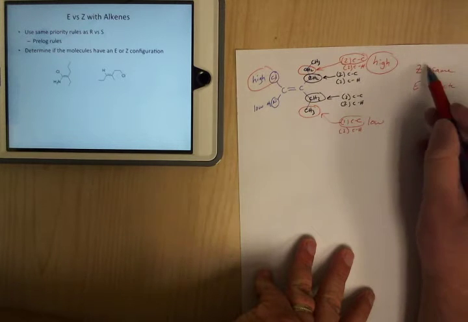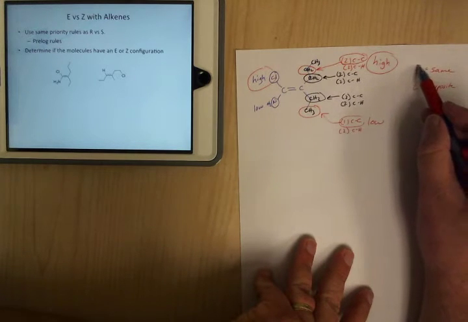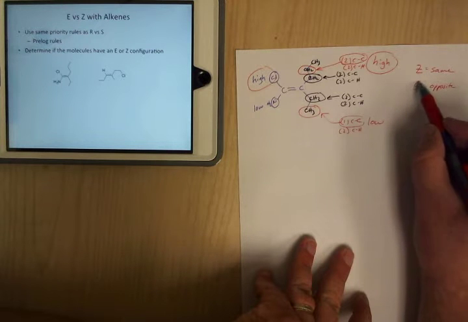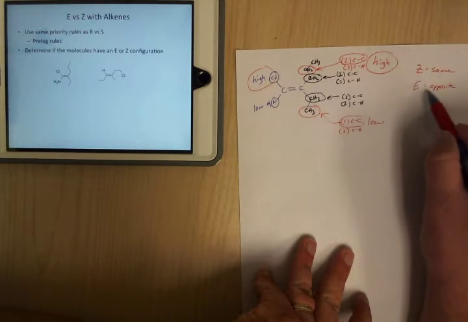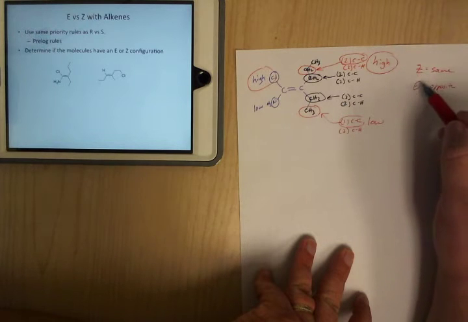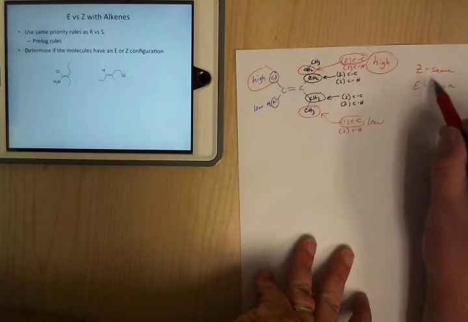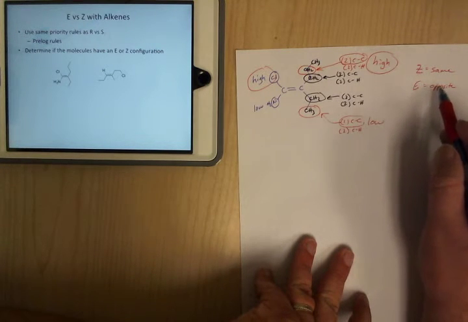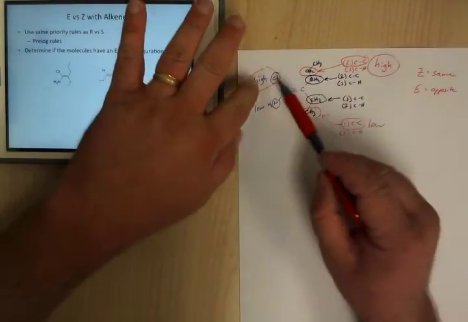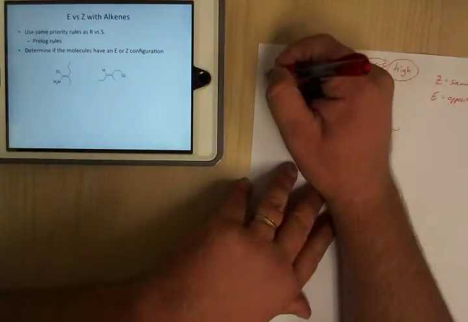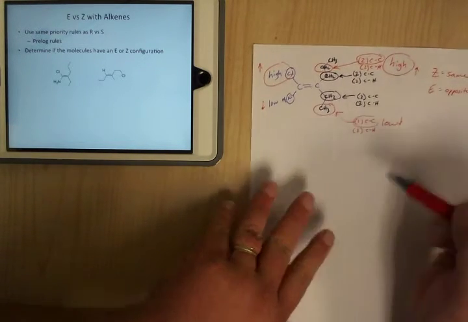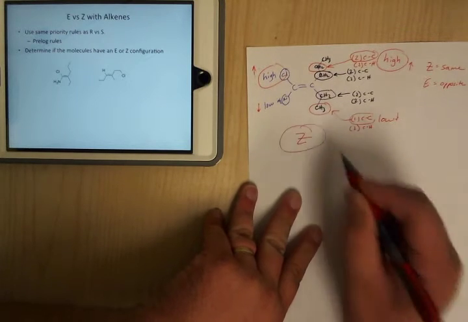It's a quirk: you would think the Z, with the top and bottom of the letters pointing opposite, would mean opposite, but it turns out it's a quirk of the German language that this means the same, and this means opposite. This means together, I believe, and this means apart, stuff like that. But here we go: the high and the high are both up. If you think this is up and this is down, they're both up. They're on Z's same side, so it becomes Z.